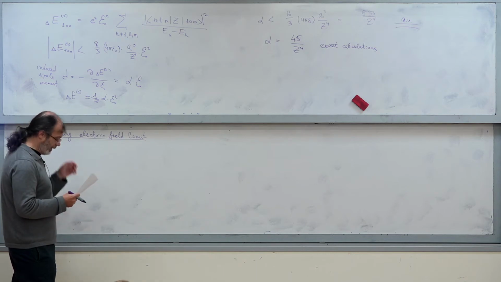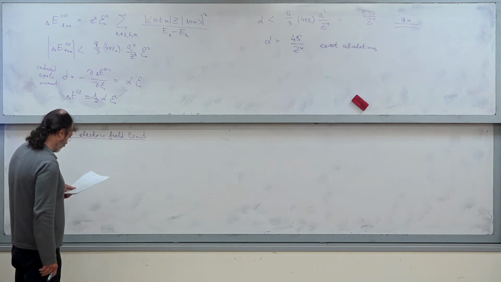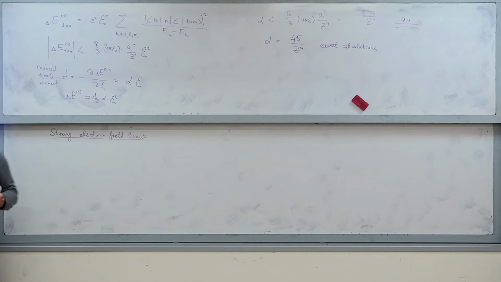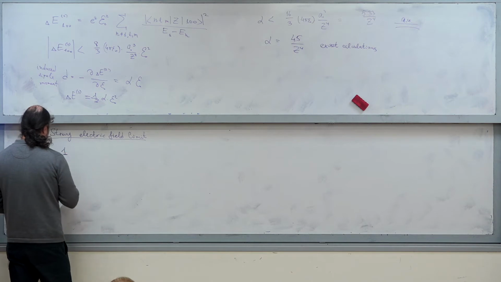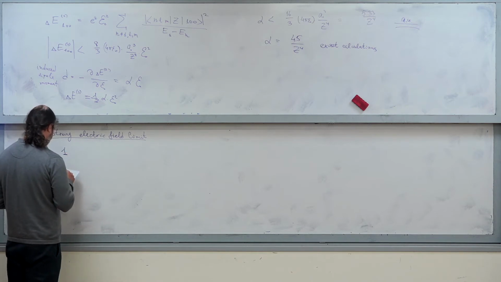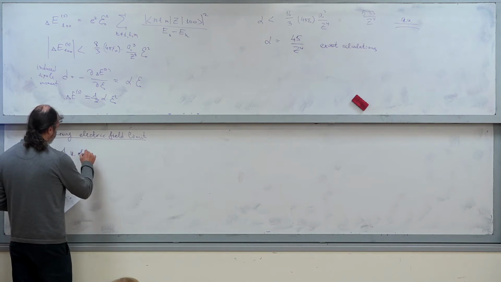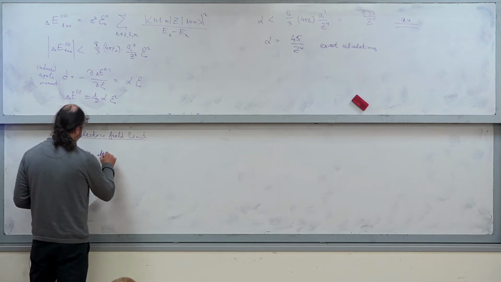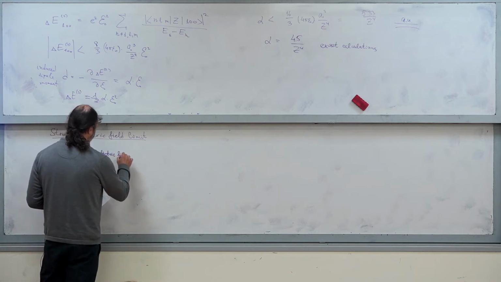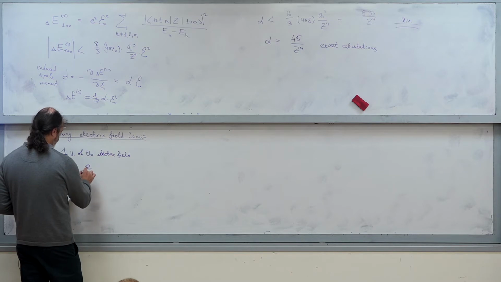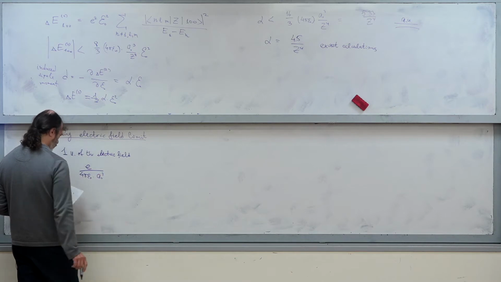Right, so in this case, in atomic units, one unit of the electric field will be equal to the charge of the electron divided by 4 pi epsilon 0 multiplied by the Bohr radius squared.